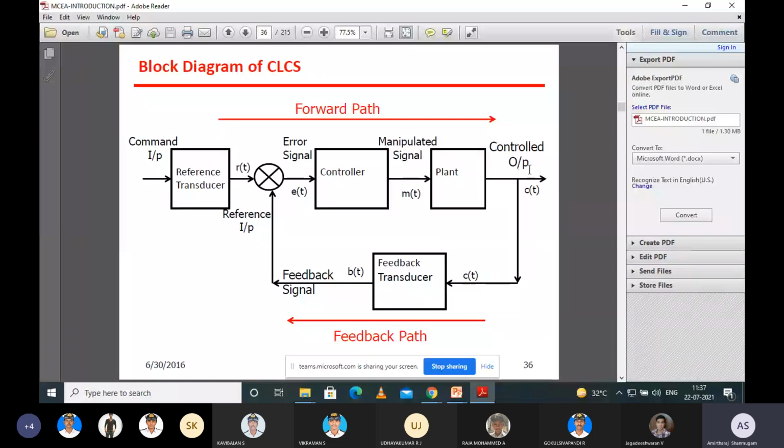If you measure the feedback with the help of a sensor, we need one sensor to measure the speed. If you measure that, it is 1000 RPM and the feedback signal is generated and compared in the comparator. The input is 1200 and the feedback signal is 1000 RPM.